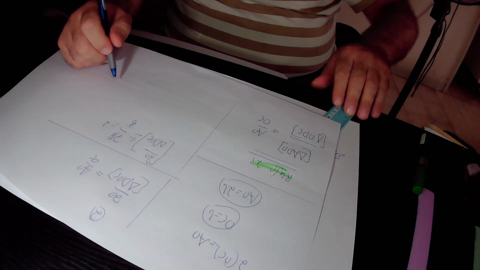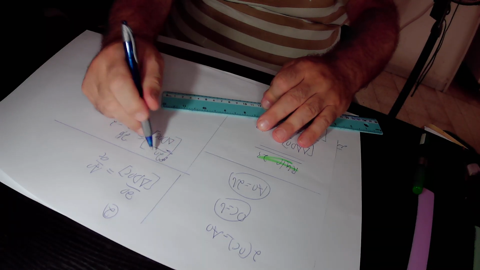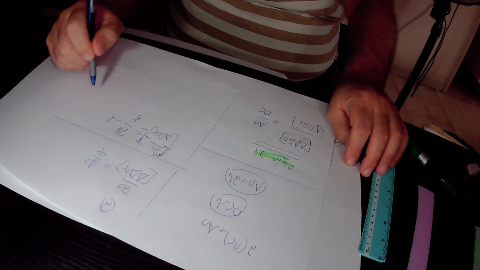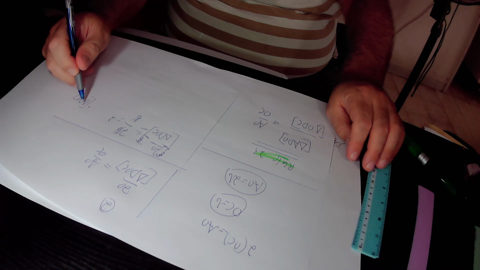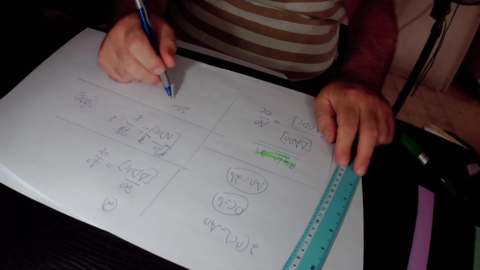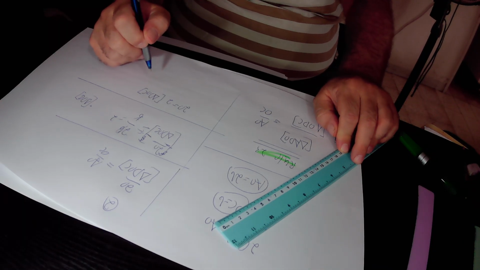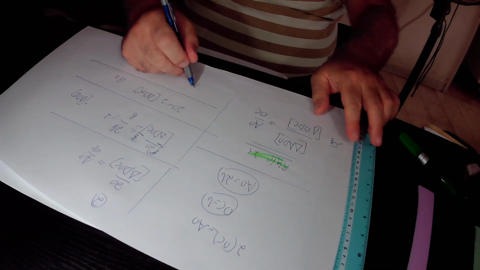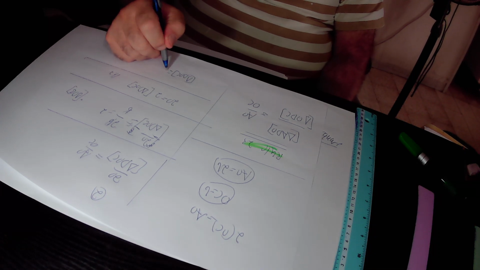So in total we found that 20 over the area of DOC equals 2. Multiplying this equation by the area of DOC, we get 20 equals 2 times the area of DOC. Dividing this equation by 2, we finally get that the area of DOC is equal to 20 over 2, that is 10.